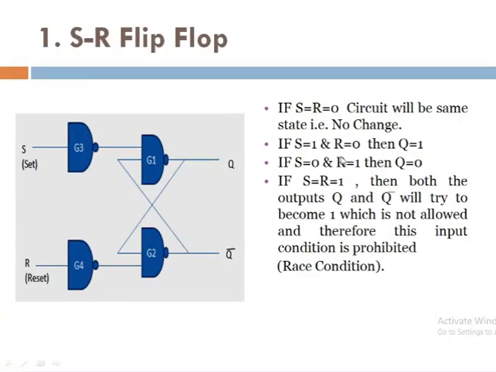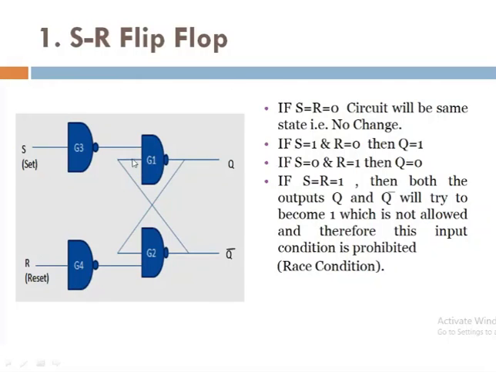Then the second combination, 0 1. If S is equal to 0 and R is equal to 1, then Q is equal to 0. Now how is that? Here you apply the 0, so the output is 1. Now we don't know the second input, we are getting only one input value.